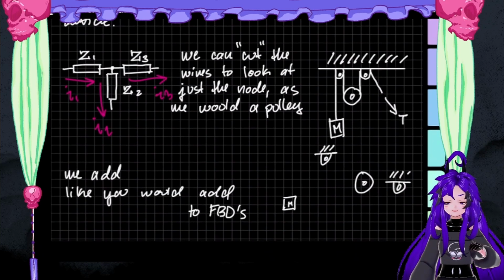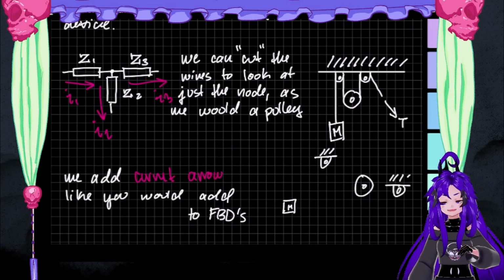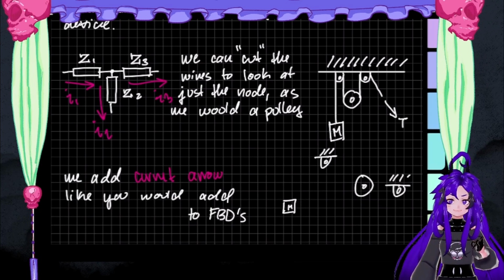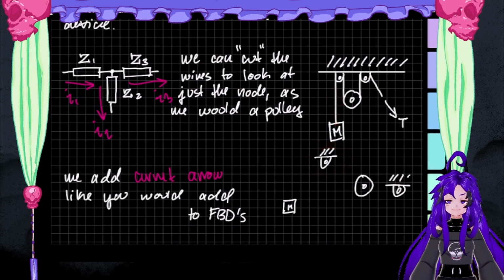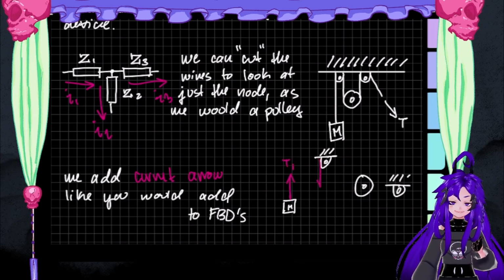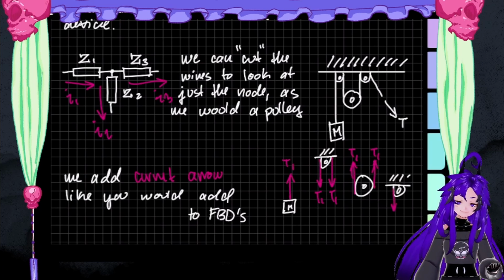Hold on, I forgot to write this. We have to add current arrows the same way we would separate and draw the tension forces of a pulley problem.